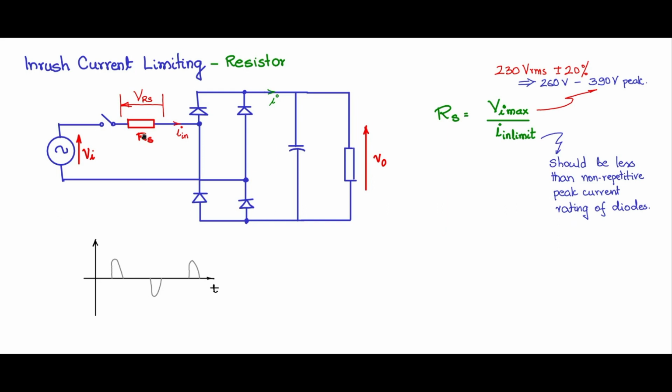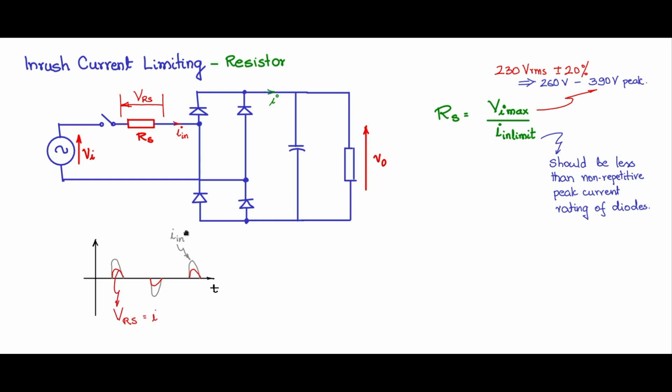After that, it is not needed, but it is there in the circuit. Because of that, you will see a voltage drop across it due to the nature of current flowing through it. So you will have a voltage drop across the resistance in this fashion, having a similar wave shape as the current, and that is VRS, which is I in into Rs.